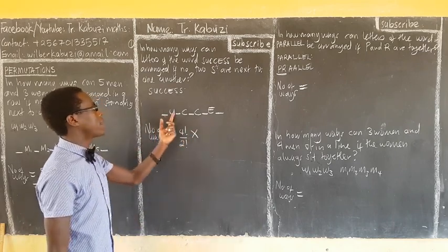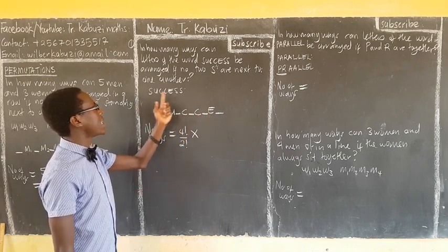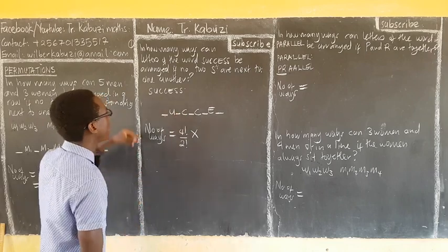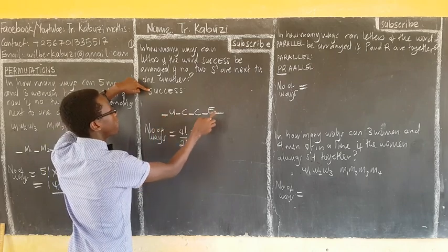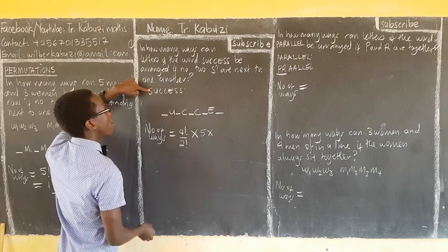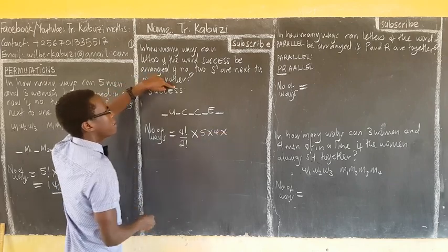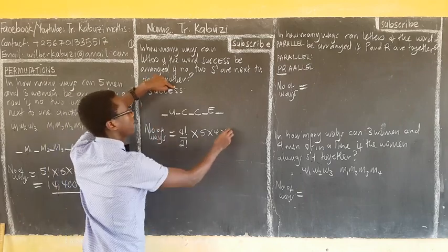Now the space after putting these ones in this order, it means that these S's can take on 1, 2, 3, 4, 5 spaces. So if one S takes, it can take any of the 5 times. If it covers that one, it means that the next S can take on 4. And if those 2 take on, out of the 5 they take 2, it means that the remaining will be 3 spaces.